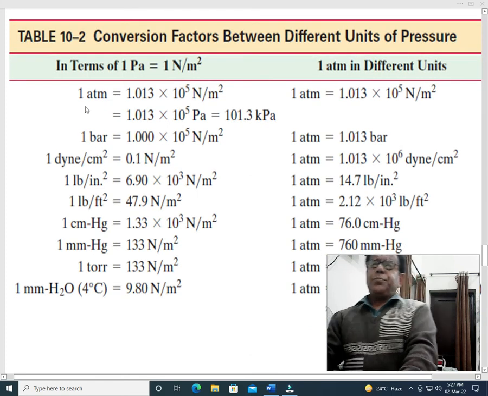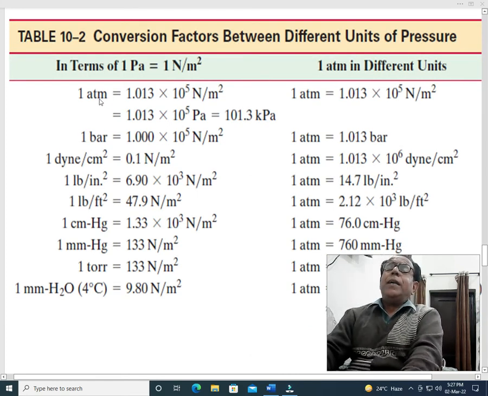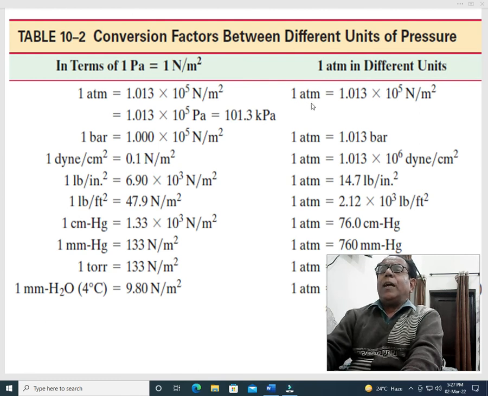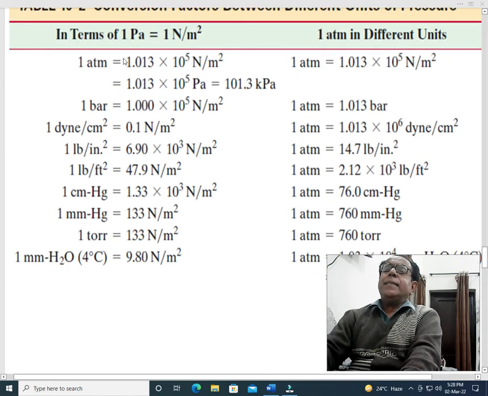Okay, 1 atm, 1 atmospheric pressure, is equal to 1.013 into 10 raised to the power 5 Newton per meter square, which is equal to this value in Pascal. This alternatively becomes equal to 101.3 kilopascal. Okay, 1 atm is equal to 1.00 into 10 raised to the power 5 Newton per meter square, same written here. Okay, so this has been used in our above portion.